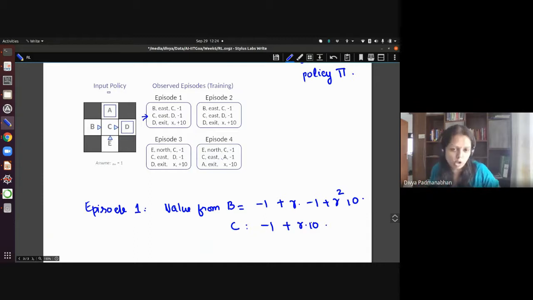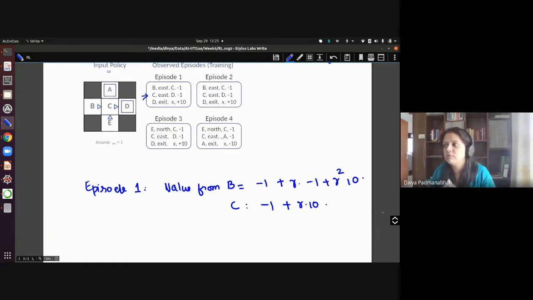What I'm showing you is for this particular run, where you start from B, go east, reach C, then again go east, reach D, and then exit. For that particular sequence of moves, what was the value of each state?